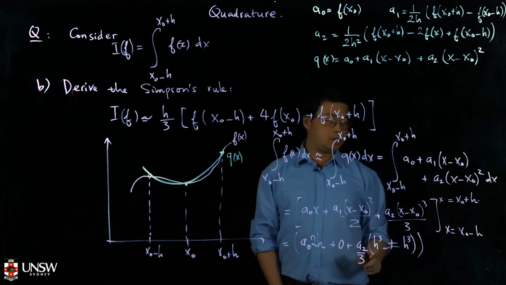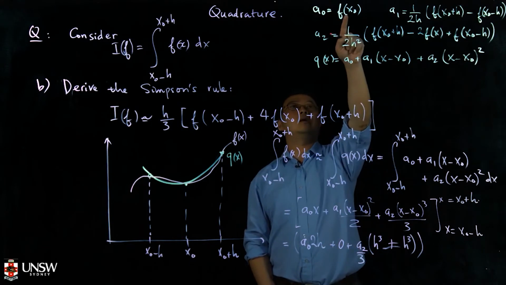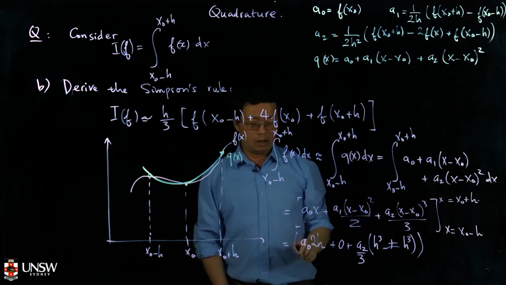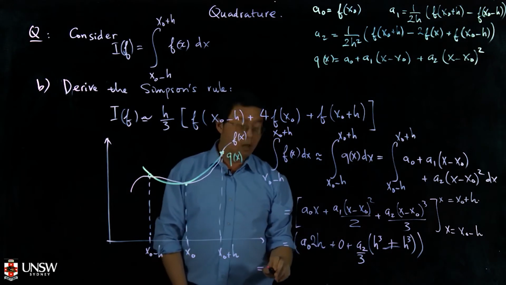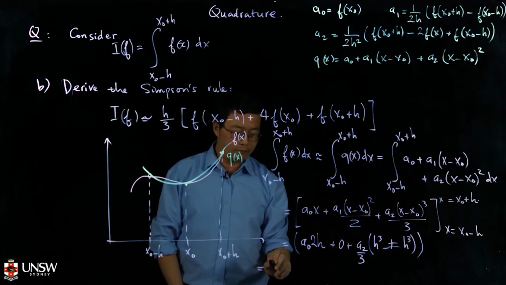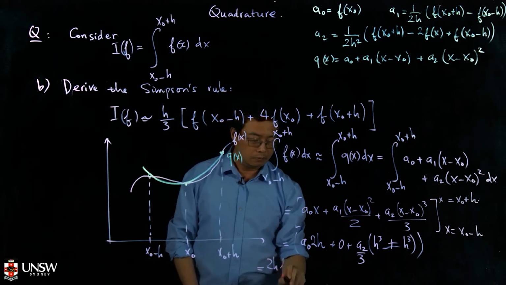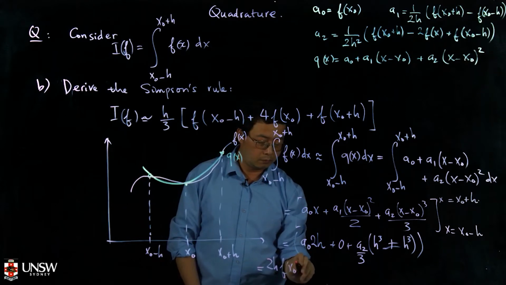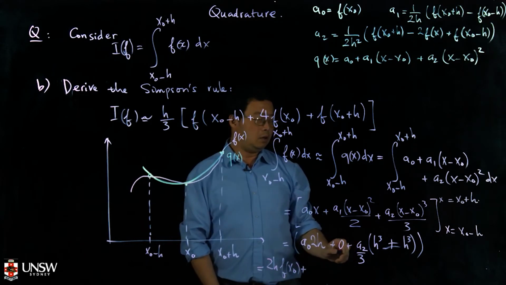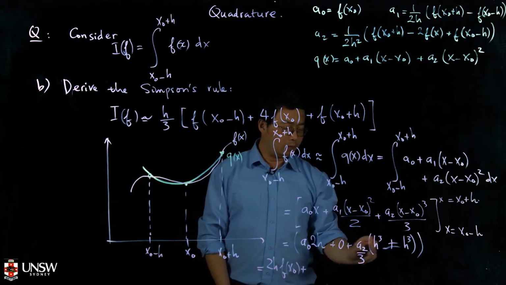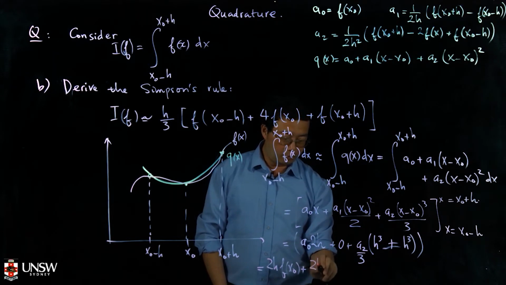And now we just need to replace a0 here. So a0 is given as f(x0), so you have 2h f(x0), and here you have 2h cubed over 3.